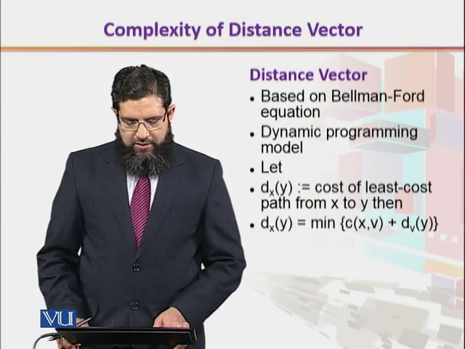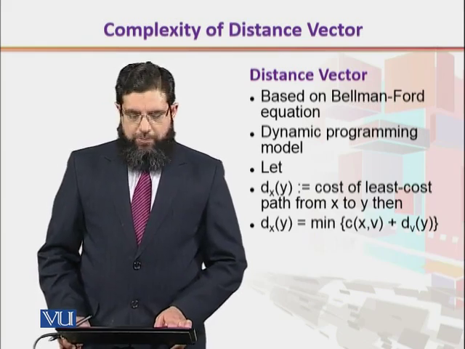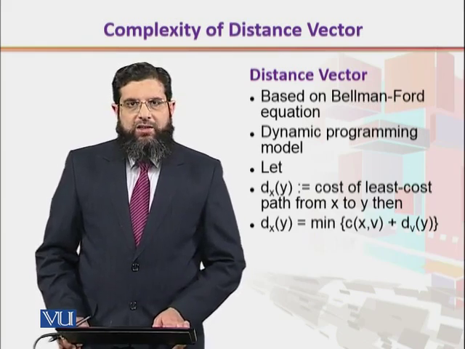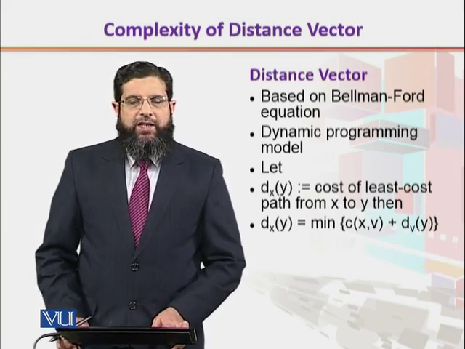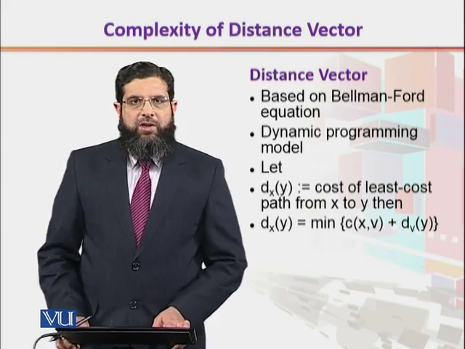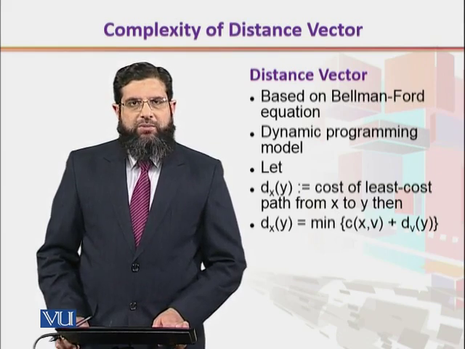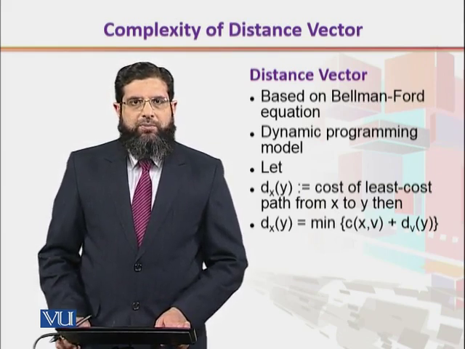That is, the cost of going from X to Y would involve the minimum cost path such that the cost of moving from X, which is the originator, to one of its neighbors is the minimum, and then from that neighbor to the destination is also minimum.